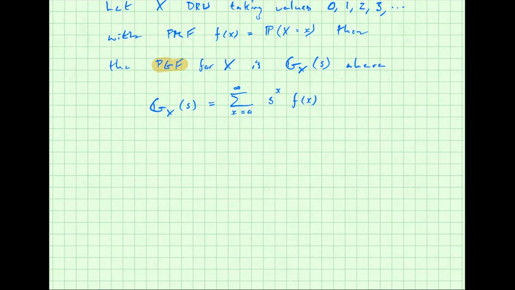So this is the expected value of little s raised to the power of capital X. It's the expected value of this function of X: the value times the probability that X takes on that value, summed over all the possible values. That's why it's the expectation of s to the X.